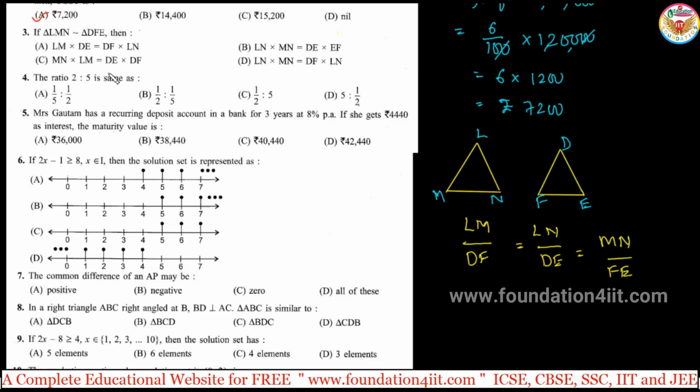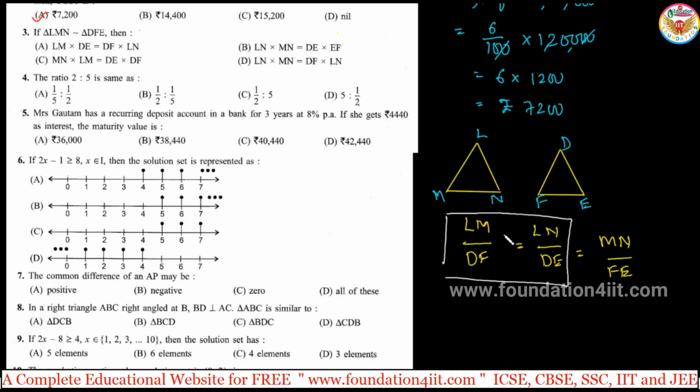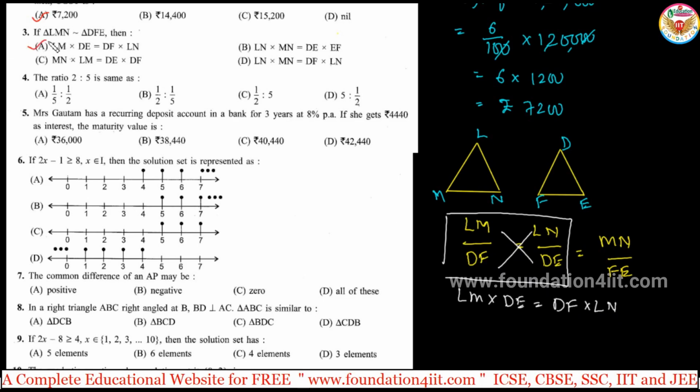If you observe LM by DF is equal to LN by DE, if you do cross multiplication we get the option: LM into DE is equal to DF into LN. Instead of giving the corresponding sides in the same ratio directly, it is given in the cross way. So this is exactly matching. Other three are not. The ratio 2:5 is the same as... if you do cross multiplication, 1 into 2 is 2, 2 is to 5, A it is.